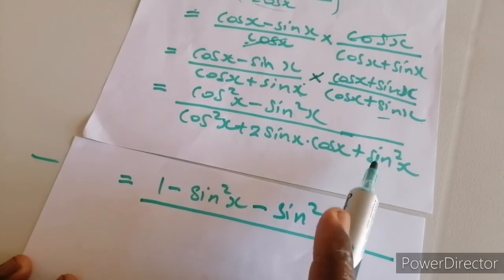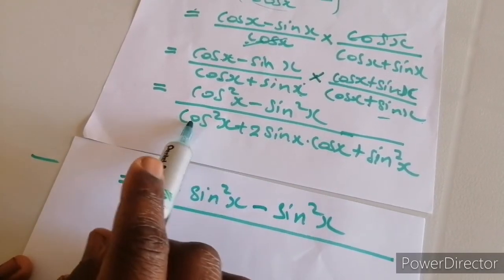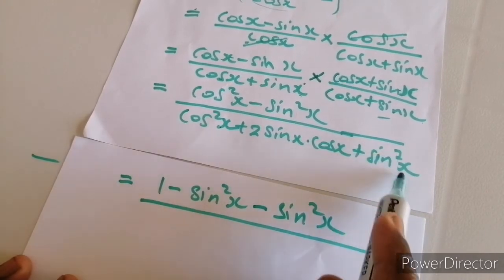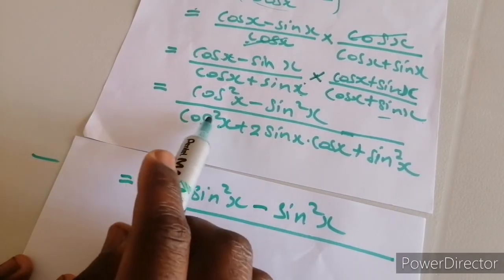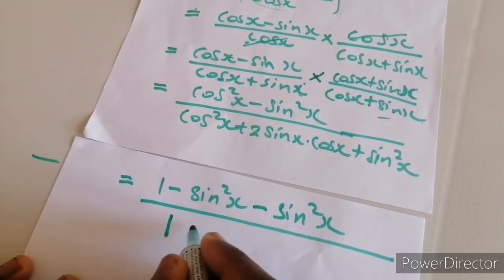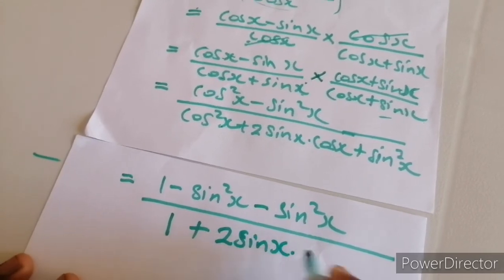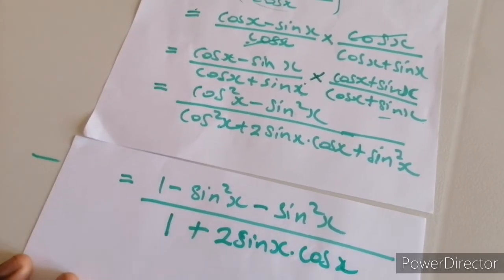Now we're going to add cos squared x and sine squared x. Remember, cos squared x plus sine squared x is 1. 1 plus 2 sine x cos x.